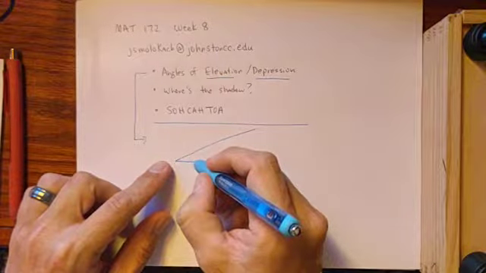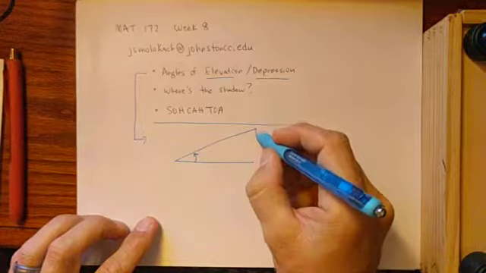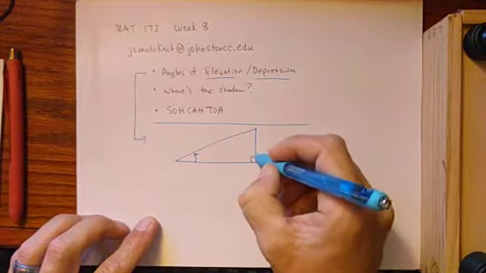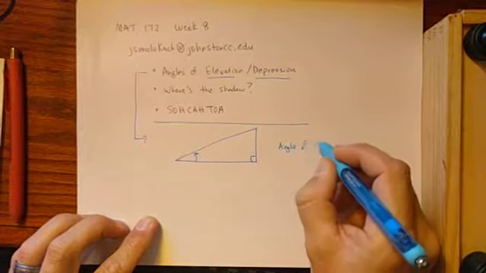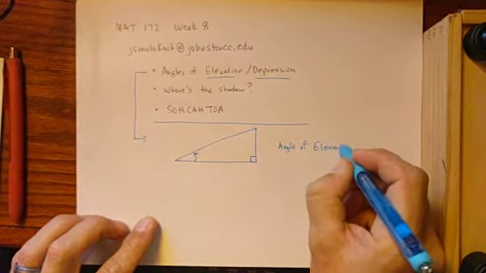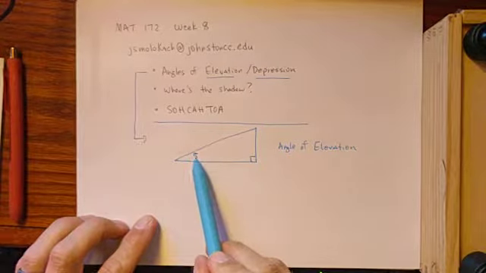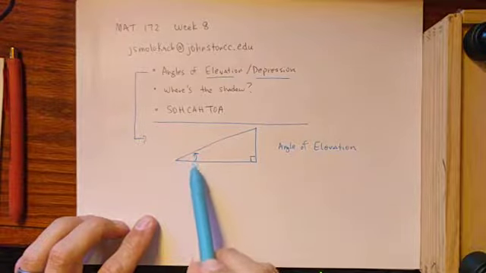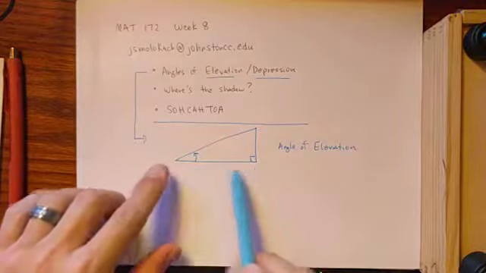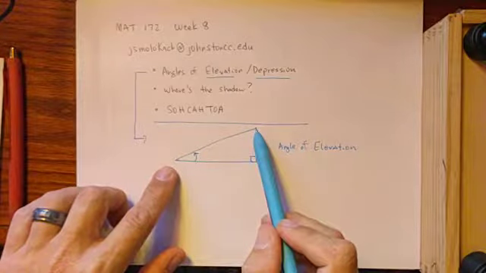So if the angle is being drawn up from horizontal, then this would make a right triangle, and this would be an angle of elevation. So when questions are asking you about the angle of elevation, then it should be something like this, where it's at the bottom of the triangle, starting from horizontal and going upwards to the hypotenuse.